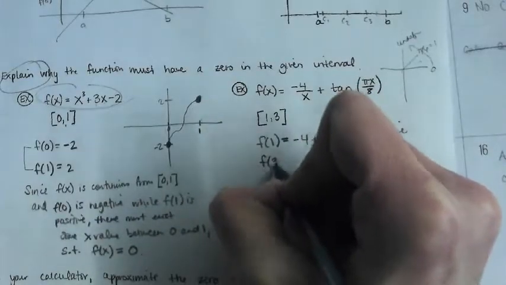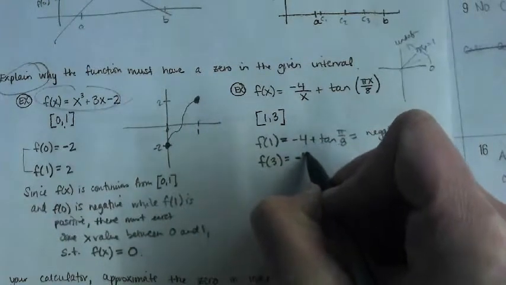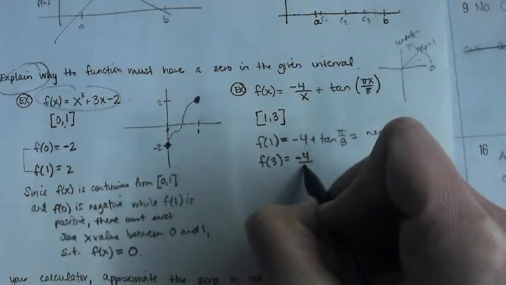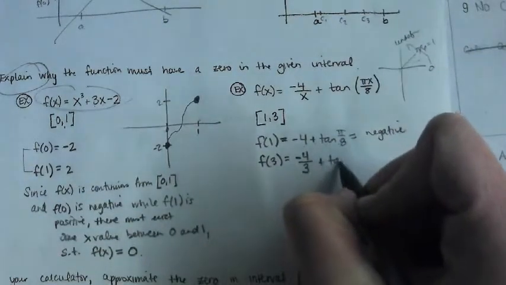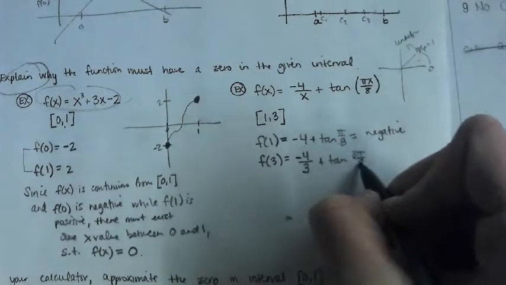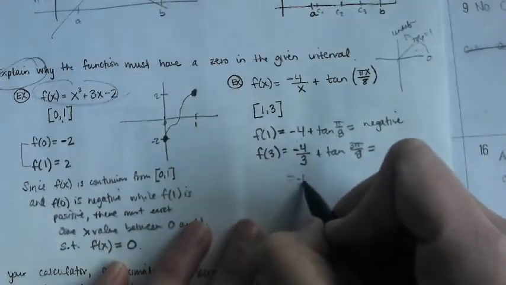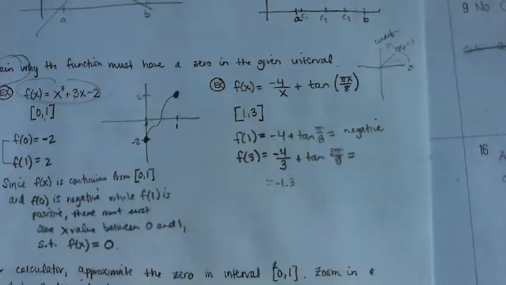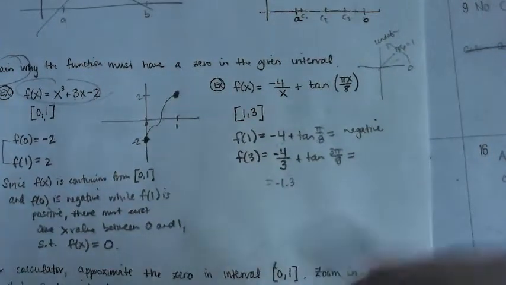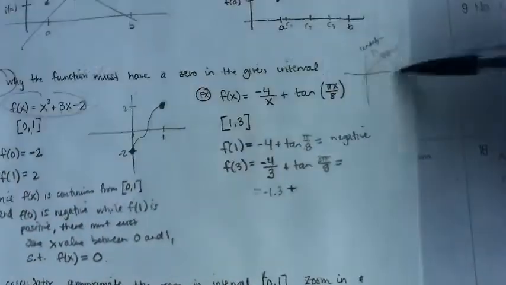And then f of 3 is negative 4 thirds plus the tangent of 3 pi over 8. So this is like negative 1.3 repeating, plus, this is 2 pi over 8.